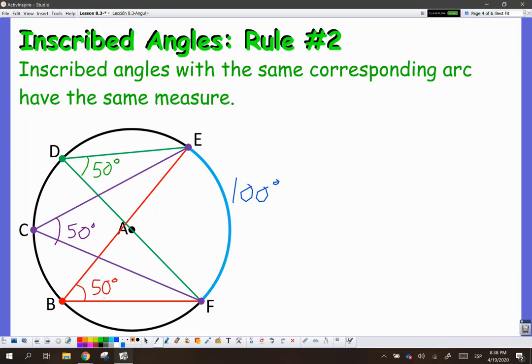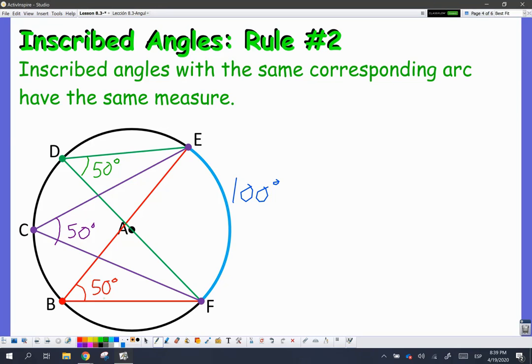So any inscribed angles that share the same arc are always going to have the same measurement. That doesn't mean that they're congruent. If they were congruent, then the lines of the angle would be exactly the same as well. It just means that they all have the same measurement because they all share the same arc.